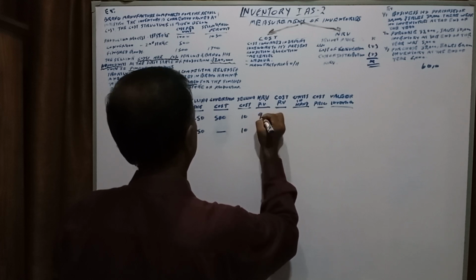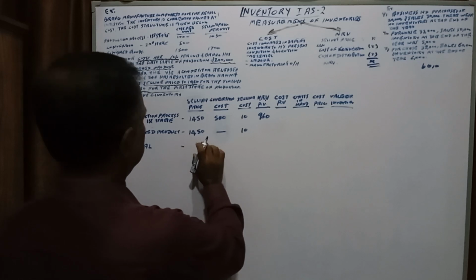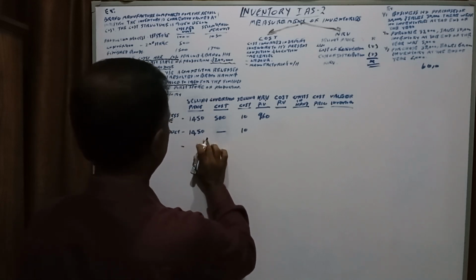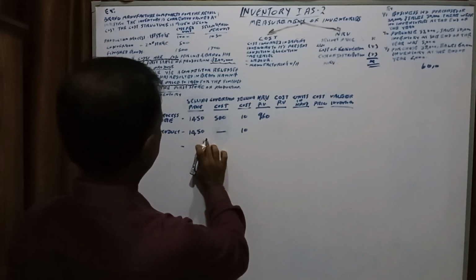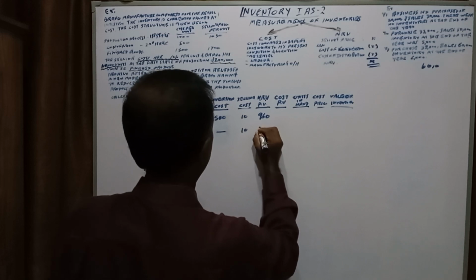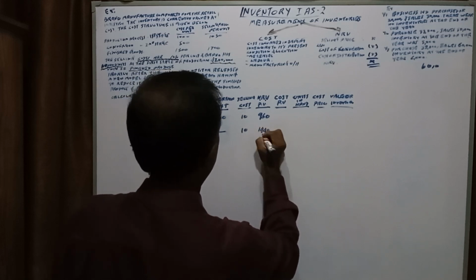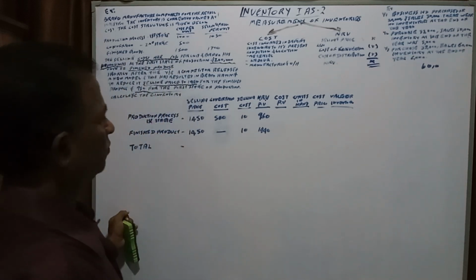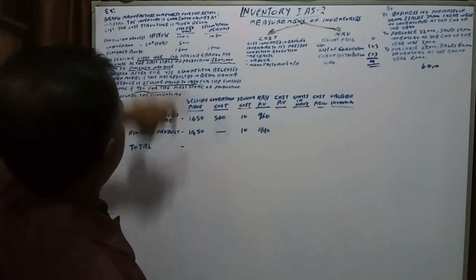Here we get 1440. What is the cost per unit?